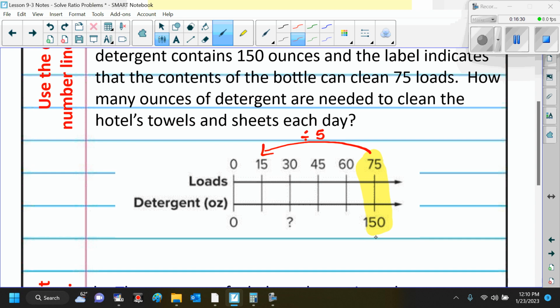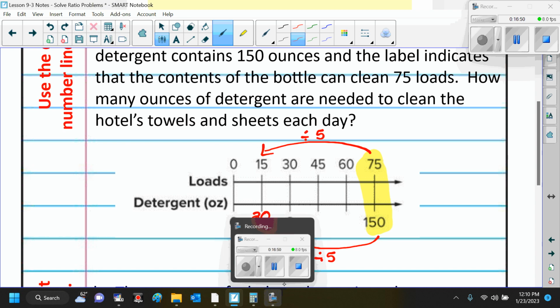That gives us 15. We're going to scale back here, divide by 5. That gives me 15. Is everybody clear? I mean, 150 divided by 5, what's 150 divided by 5? 30, right?